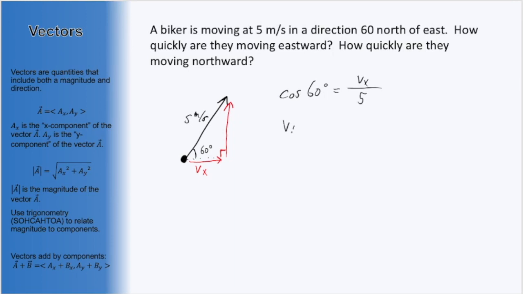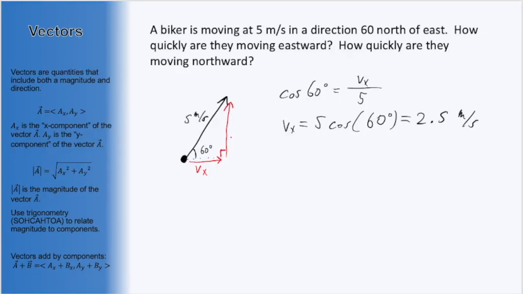Moving things around, I can solve for the horizontal x component, which will give me 5 times cosine of 60 degrees. Plugging this into a calculator, we will find that the eastward, or x component, of this velocity is exactly 2.5 meters per second.